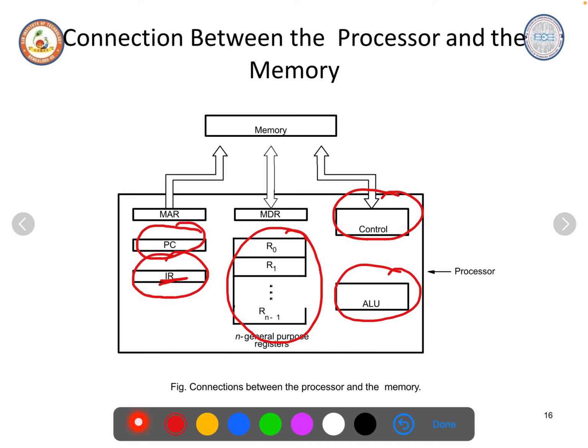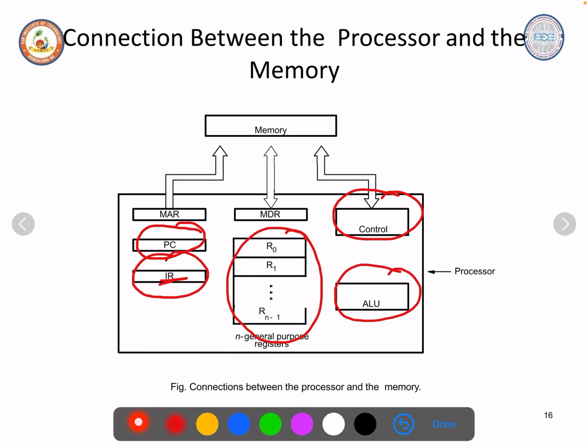Next we have the program counter, which is PC, another specialized register. It keeps track of the execution of a program, or you can say that it contains the memory address of the next instruction to be fetched and executed.